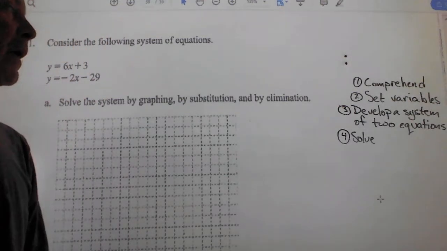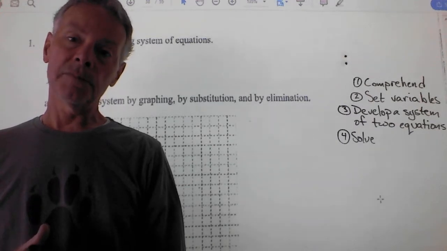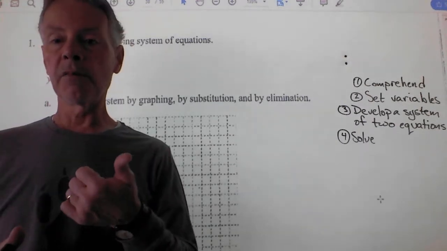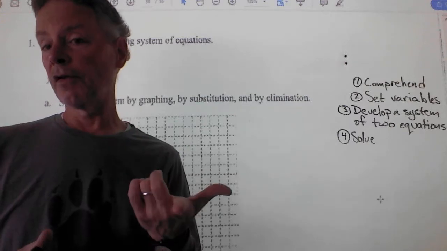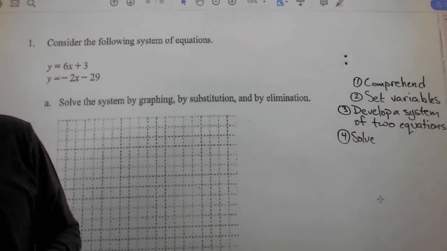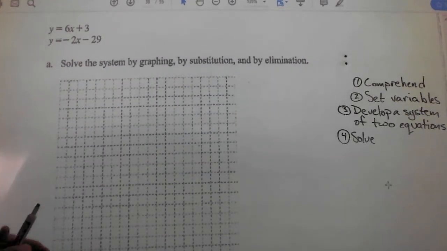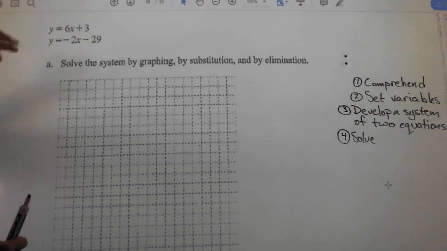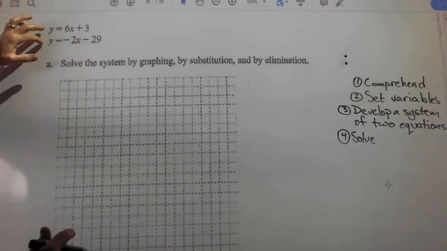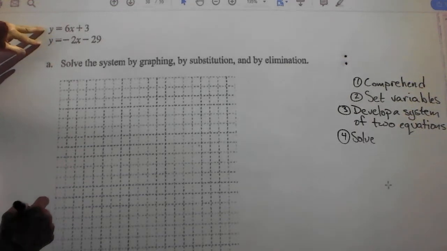I'm going to assume that you're fairly comfortable with solving by substitution and solving graphically. We'll just go through the steps that you would go through to solve this graphically. So to solve it graphically, they've been very nice to us. They've given us both equations in slope-intercept format.